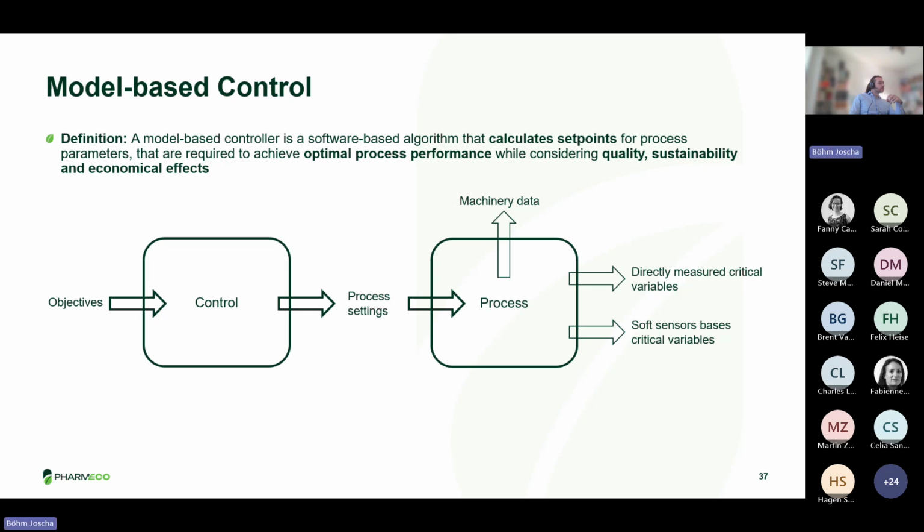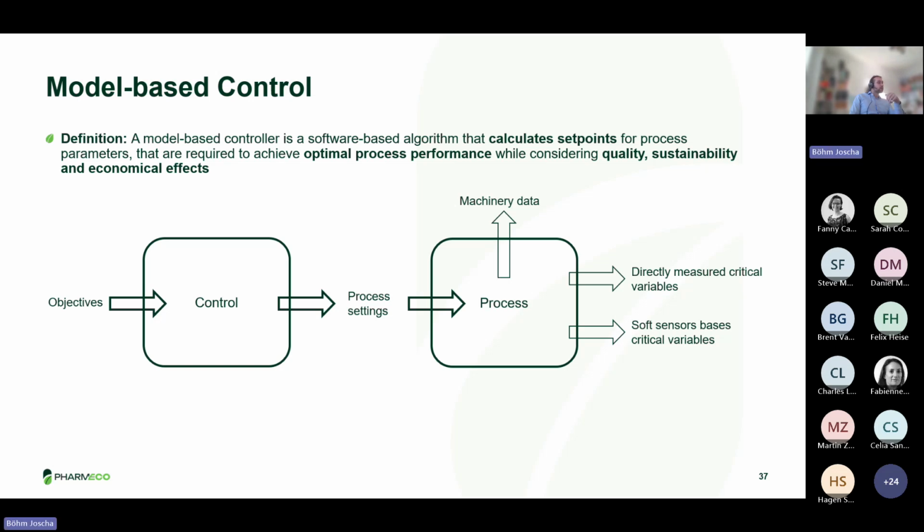We then have to calculate, based on the objectives, the desired process settings, the desired process parameters that we need here in order to get the best possible output, so the process performance is at the nominal optimal set point. If we do it like this, we do not need to feed back any information, but we don't have any guarantee that we actually end up at the optimal process performance.